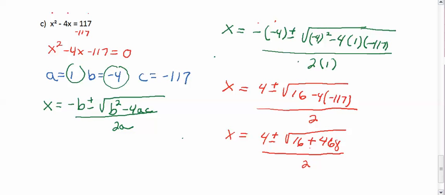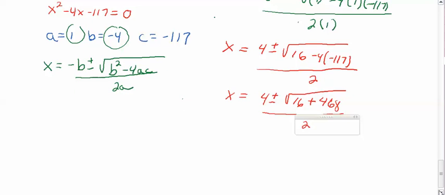And then I'm going to go through, and I'm going to add this up. So different color. I keep my x. I have 4 plus or minus the square root. We add 16 plus 468, and I get 484 all over 2.